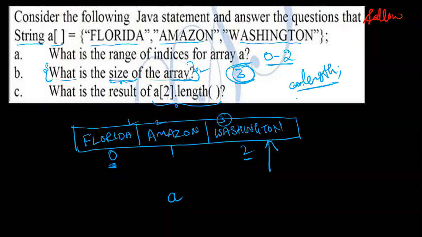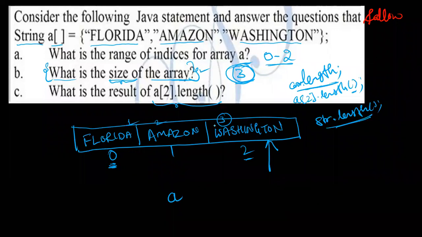But if you are using A2, dot length is a function with brackets. This is str dot length. String dot length means how many characters are there in this string.